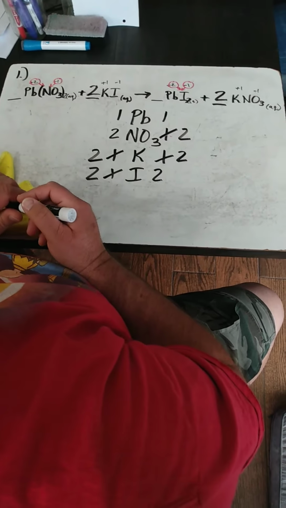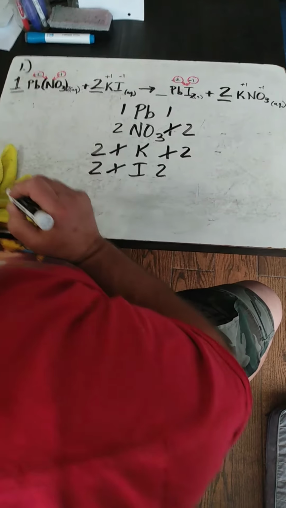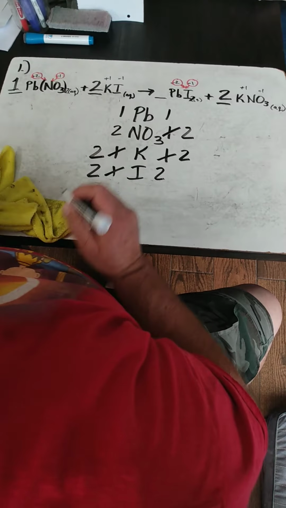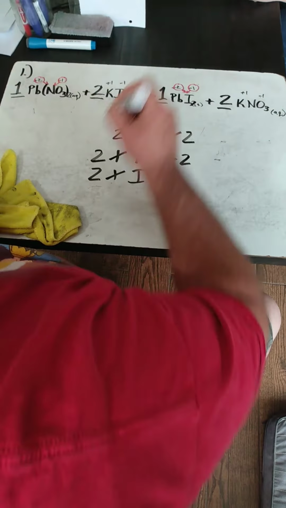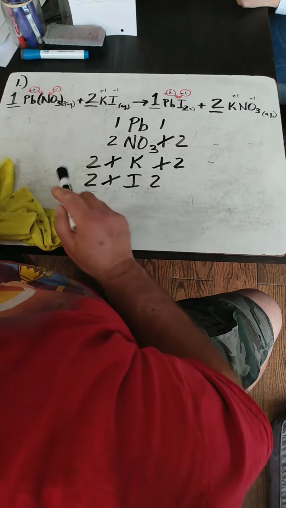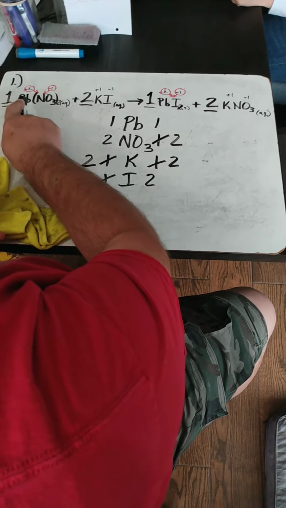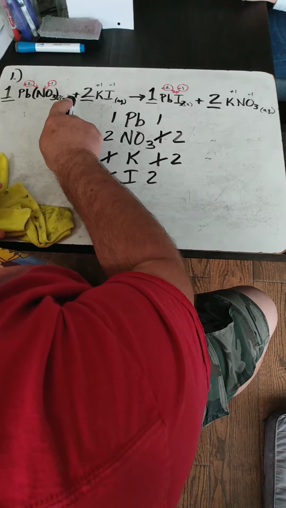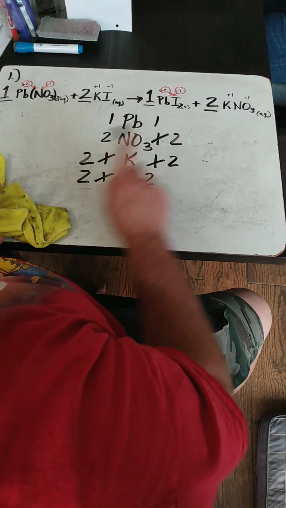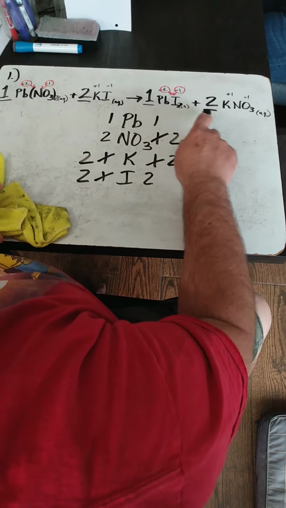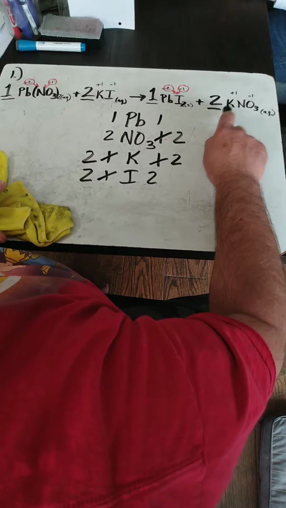I take a look back up here, and I need to plug a 1 in for lead nitrate, and I need to plug a 1 in for lead iodide. So now I have a complete balanced equation. I have a ratio of 1 lead nitrate to 2 potassium iodides, which yield 1 lead iodide to 2 potassium nitrate.